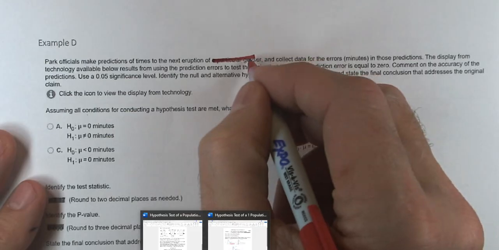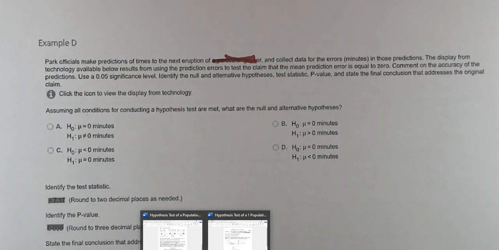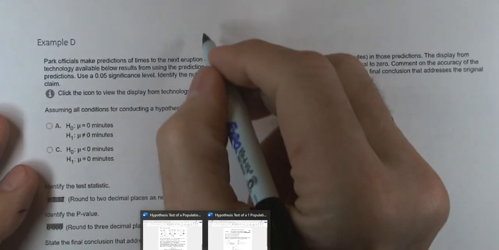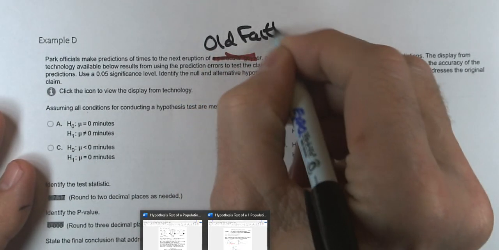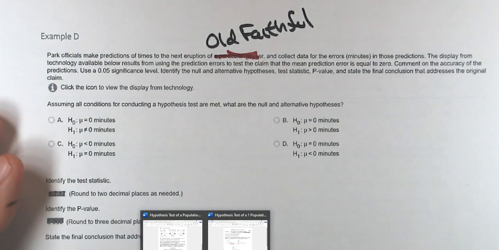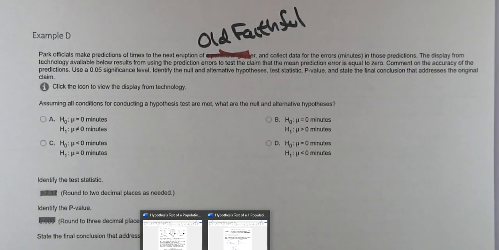This comes directly from the homework, but we don't have to be as generic as it is in the homework. Park officials make predictions of times to the next eruption of Old Faithful and collect data for the errors in minutes in those predictions.